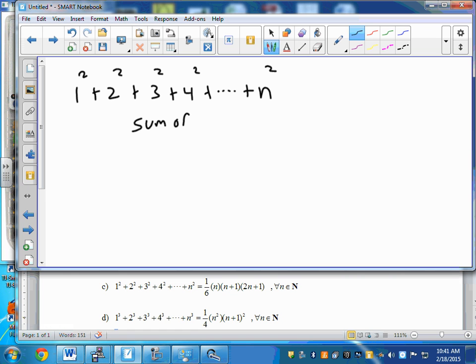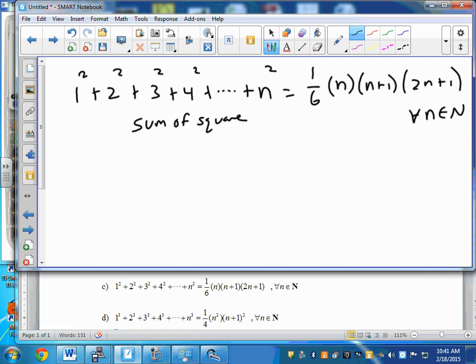Sum of squares is supposed to be equal to 1/6 times n plus 1 times 2n plus 1. And this particular statement is supposed to be true for all natural numbers. Okay, now assuming we've cleared the hurdle of showing true for n is equal to 1, let's go to the assumption stage. What are we supposed to assume?